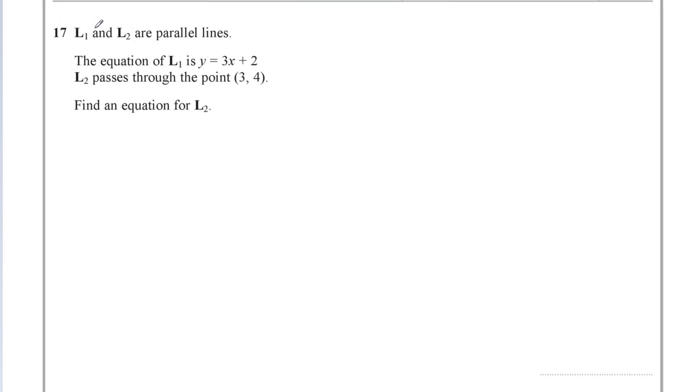Question 17. L1 and L2 are parallel lines. The equation of L1 is y equals 3x plus 2. L2 passes through the point 3, 4. Find an equation for L2. Okay, they're parallel lines, so the gradient is the same. So we can write this for L2: y equals the same gradient, 3x. The only thing that's going to change is the intercept. I'm going to call that plus c for now.